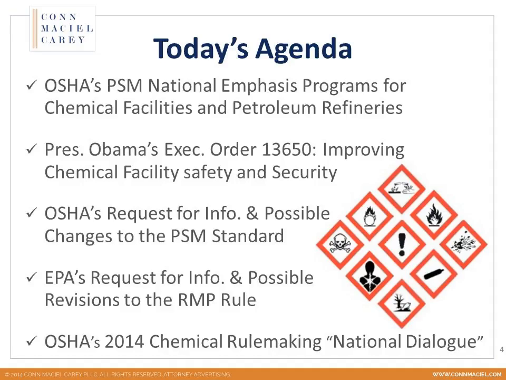And then specifically in that regard, talk about requests for information that both OSHA and the Environmental Protection Agency issued, which introduce or really forecast some potential changes we might anticipate in terms of the Process Safety Management Standard and the Risk Management Plan Rule.